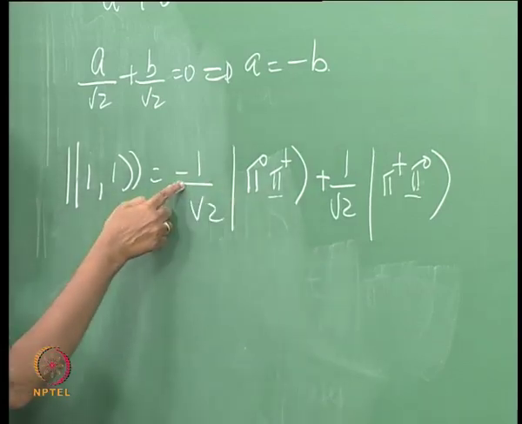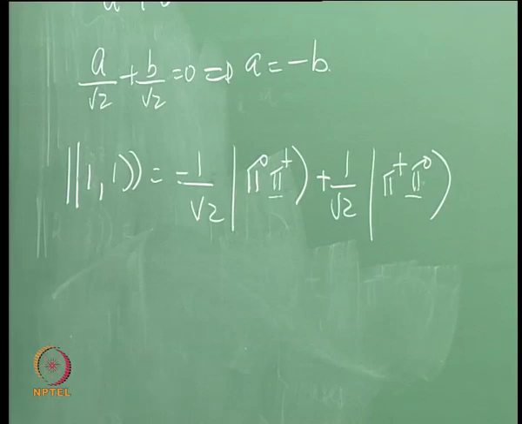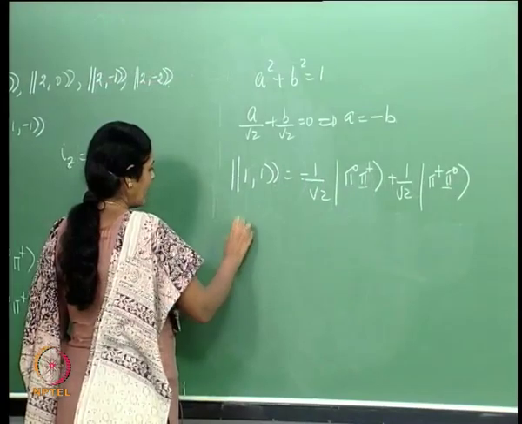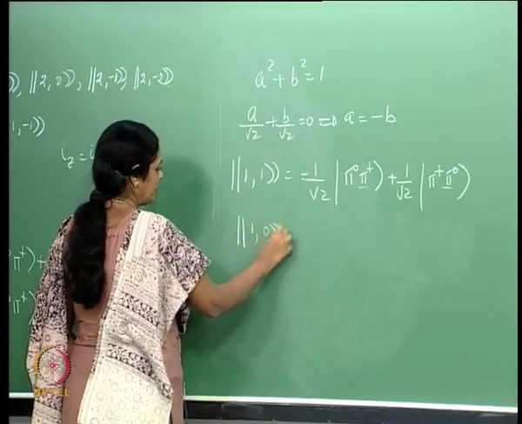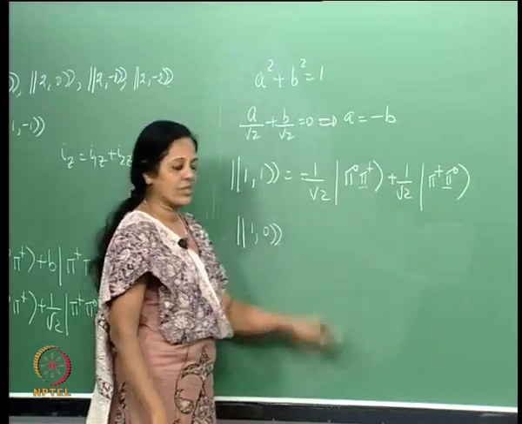Now, you could have gone ahead and put a plus here and a minus there, but you have to stick to that convention throughout the problem. So, this is 1 comma 1. Now, I need to get 1 comma 0. Notice that 1 comma 1 is an antisymmetric state.